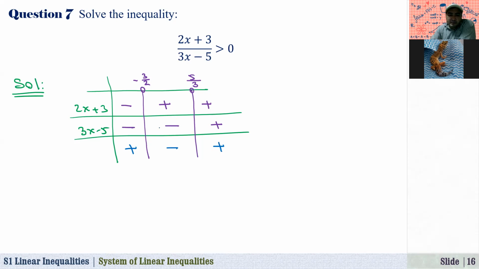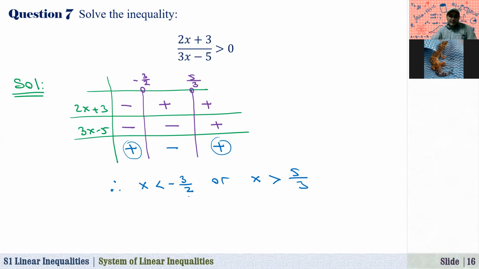So that means that since it is positive on this interval, and here our fraction is positive, the solution will be x is less than minus 3 over 2, or x is greater than 5 over 3.